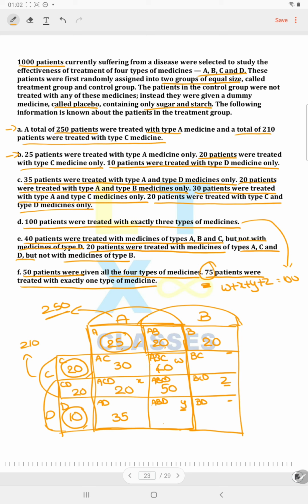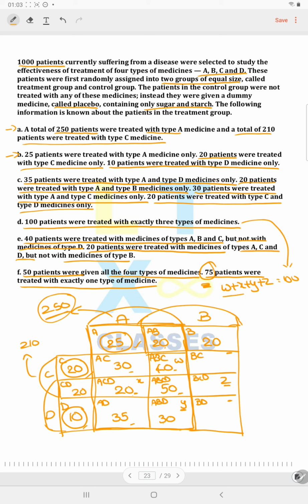25 plus 20 is 45, 45 plus 30 is 75, 75 plus 40 is 115, 115 plus 20 is 135, 135 plus 50 is 185, 185 plus 35 is 220. So 250 minus the summation of all this, 220, makes it 30.